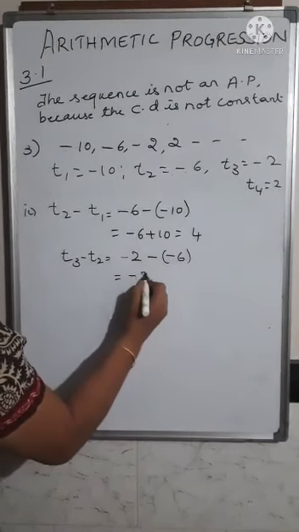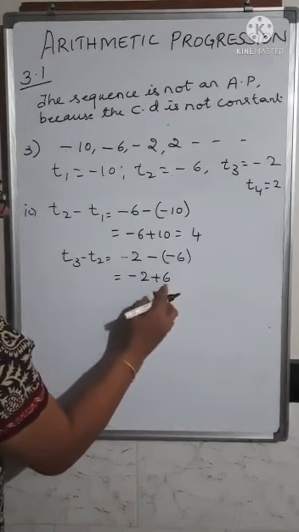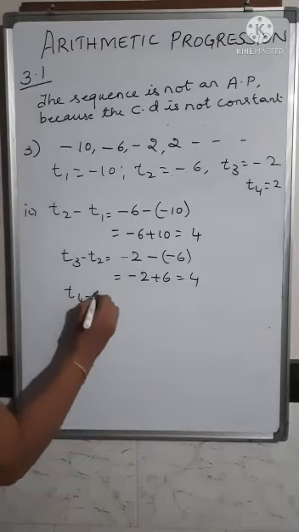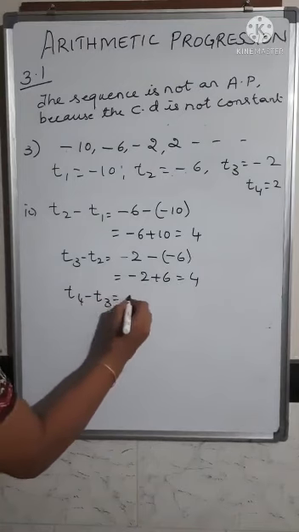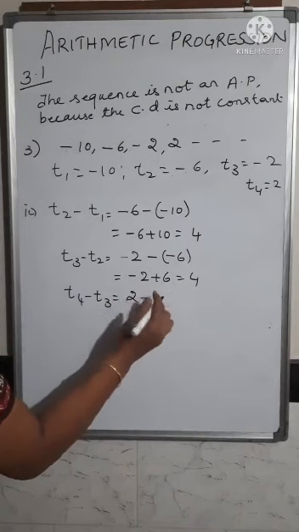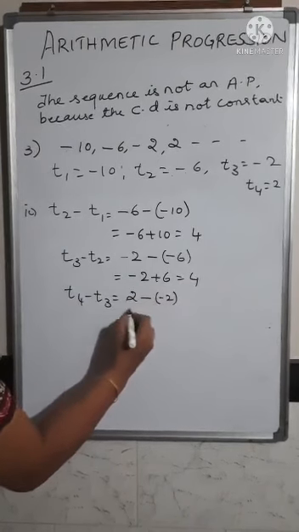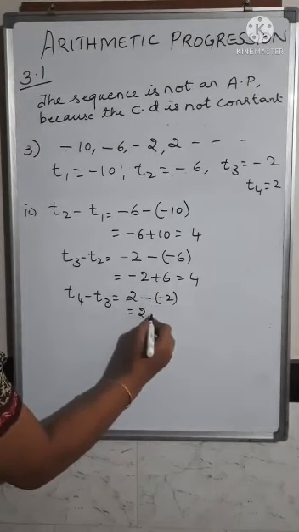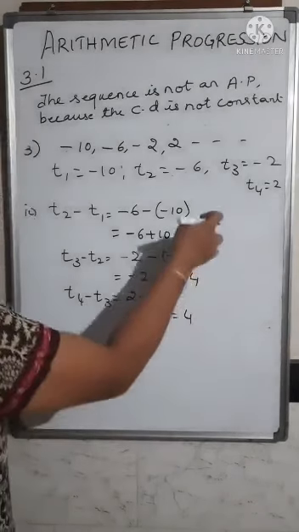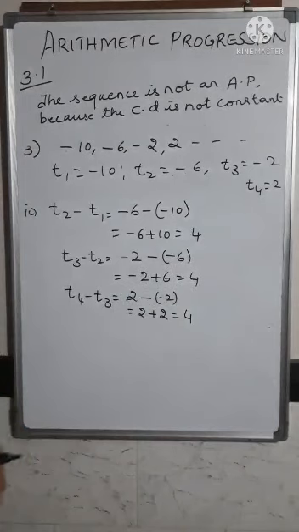So you will get minus 2 plus 6, so 6 minus 2 is equal to 4. Now you can find out T4 minus T3. T4 is 2 minus T3 is minus 2. So this will be 2, minus into minus is plus, 2 plus 2 is equal to 4. So what you can observe, you have the same common difference. So therefore you have to write it is an AP.